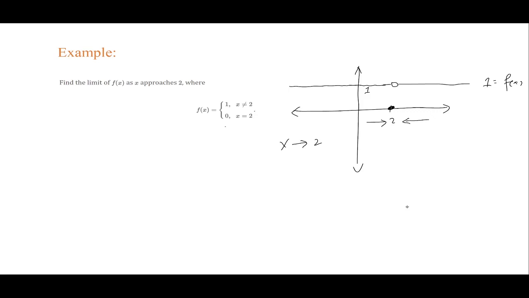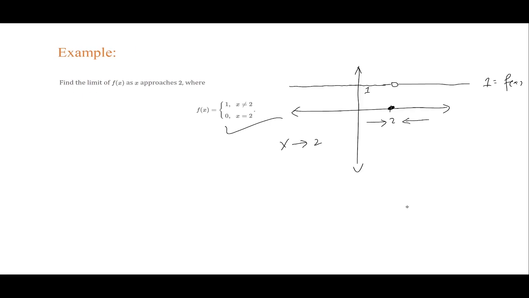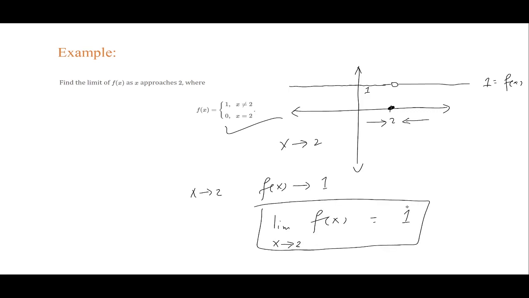That's why the limit of this function is 1. So when x approaches 2, the function value from the left and from the right approaches 1. The meaning is: the limit of the function f of x when x approaches 2 is equal to 1. That's how we write it.